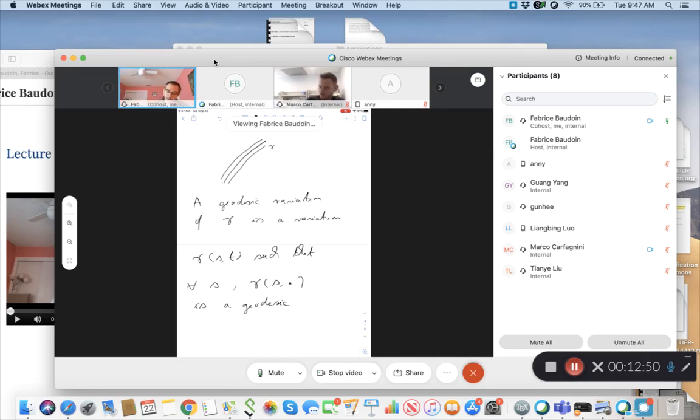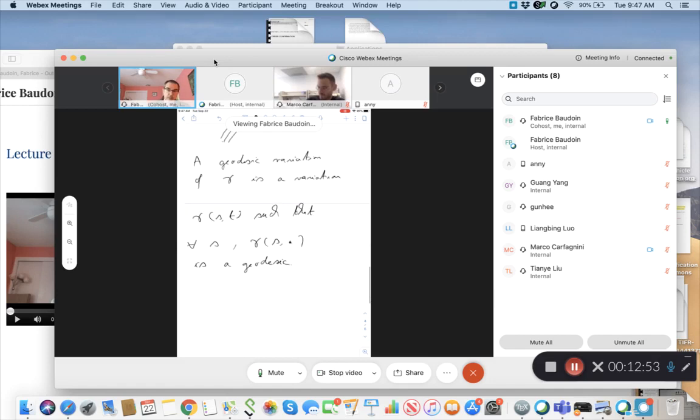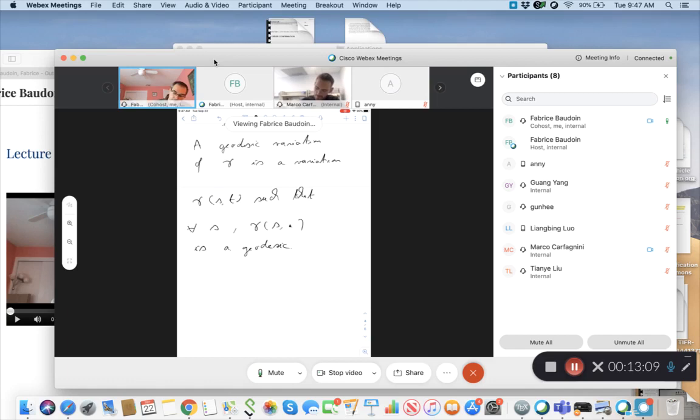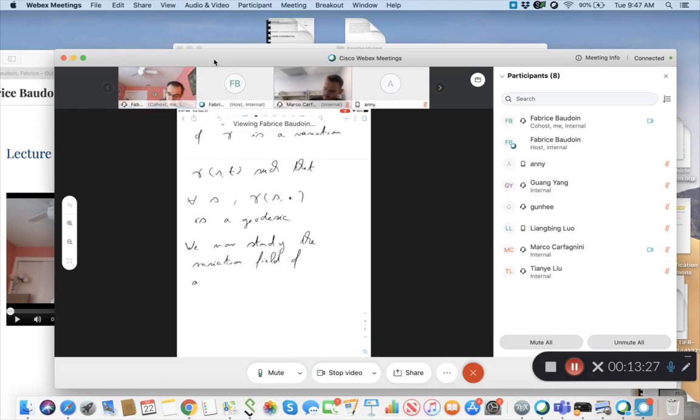Okay. So our question for the next 5 minutes will be to understand what could be the variation fields of a geodesic variation. And we are going to see this is what we call a Jacobi field of the connection nabla. So we now study the variation field of a given geodesic.